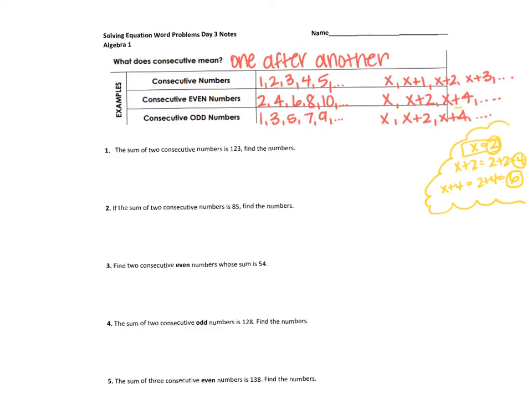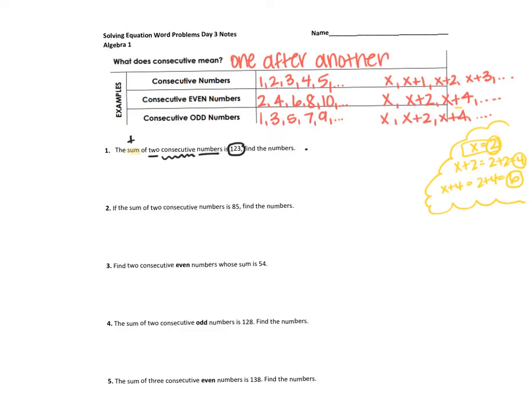All right, so here's what the problems are going to look like. The sum of two consecutive numbers is 123. Find the numbers. So first we have to think about what this is asking. Remember, sum means to add. So it's saying we have two numbers that are consecutive, so that's one after the other, that when I add them together, it equals 123.